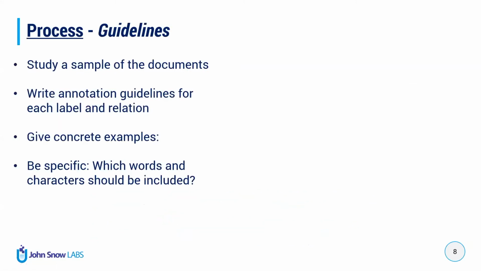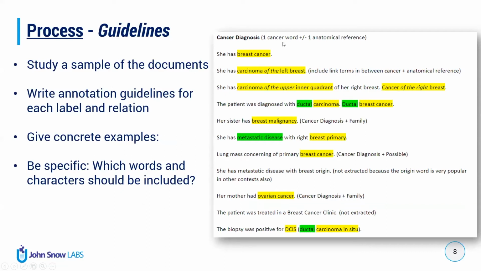So the next step will be to define the guidelines. For that we have to study a sample of the documents and then write the guidelines for each label and for each relation. I'm showing you here an example of such guidelines which were created for a project focused on cancer diagnosis.